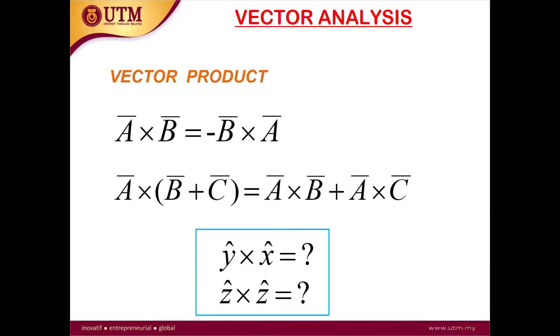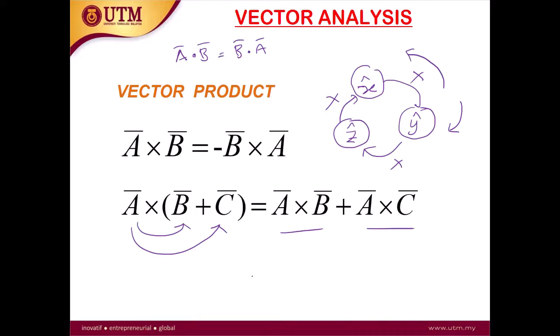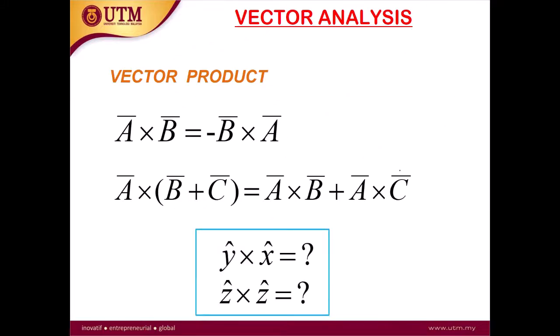Next is about the unit vectors. What is the result of the unit vectors y cross x, z cross z? This is what I mentioned here. Let me draw again. Here, let's say we have y cross x.